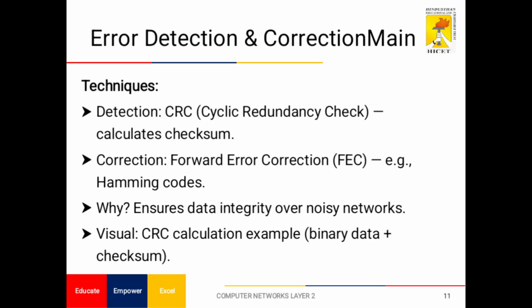These are the techniques done inside the structure of the trailer: detection of error and correction of error. Why do we have to use error detection and correction? By using the CRC, the cyclic redundancy check, we can calculate the checksum and avoid errors. Errors are detected by way of FEC, forward error correction.